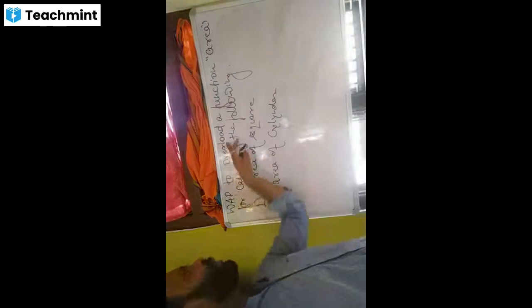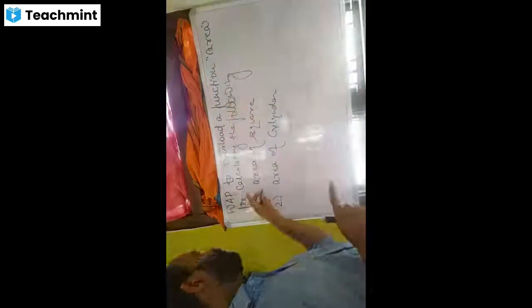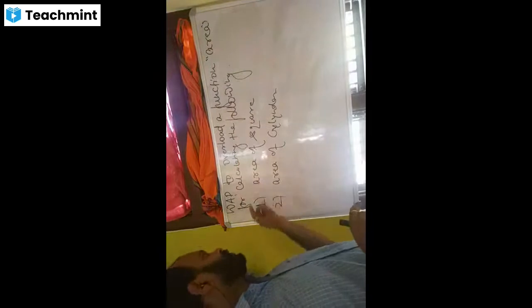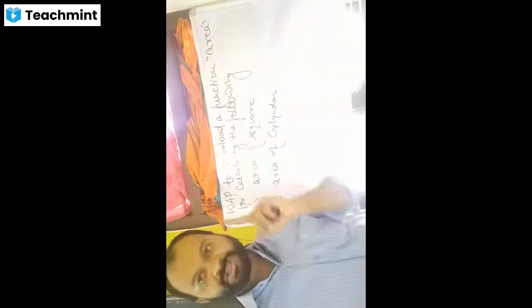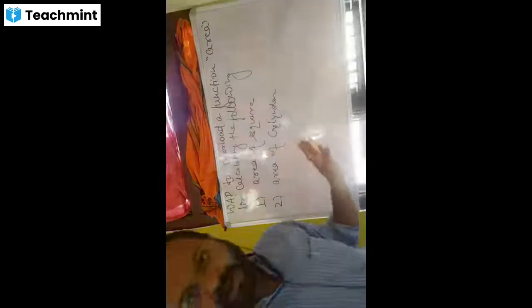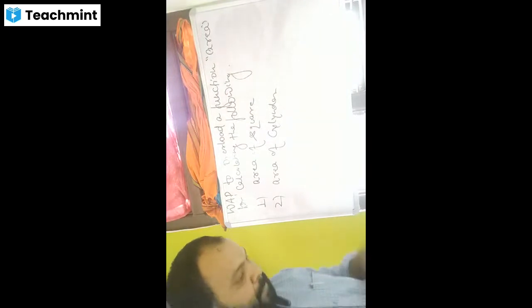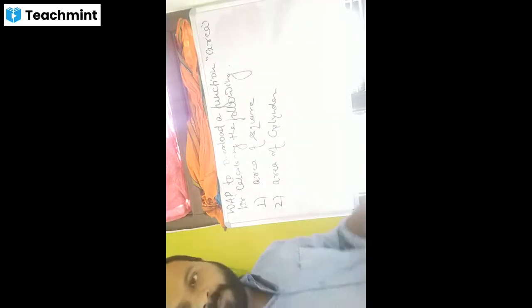Write a program to overload a function area. Area is a function name, and it is for calculating the following. So you have to create only one function. The function name is area, and you will calculate the area of a square and the area of a cylinder. Can you calculate? So this is your homework.